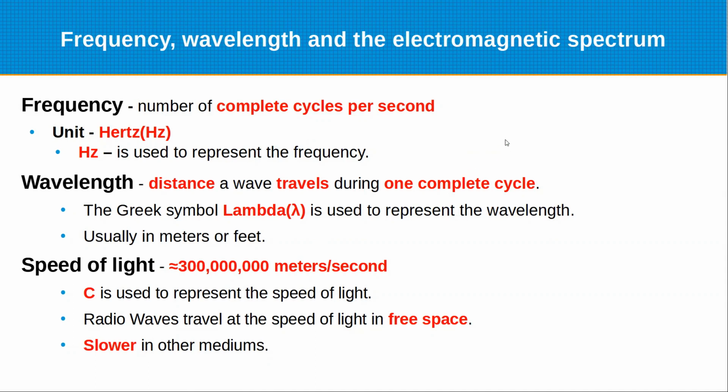Wavelength is the distance the wave travels in one complete cycle, assuming that it's traveling at the speed of light. Now, when you get to it actually traveling in wires, it's a little bit slower. So there's a velocity factor that you apply.